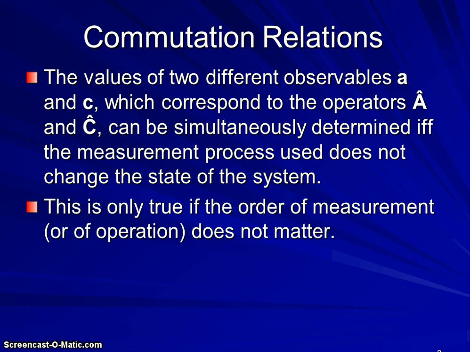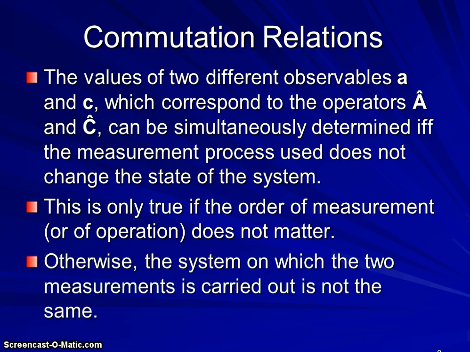This is only true if the order of measurement in experiment or of operation mathematically doesn't matter. Otherwise, the system on which the two measurements are carried out is not the same when a second measurement is carried out. So if order is important, then measuring C then A will not give you the same value as measuring A and then C.